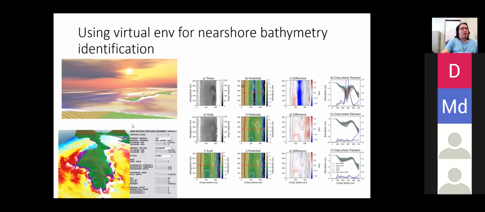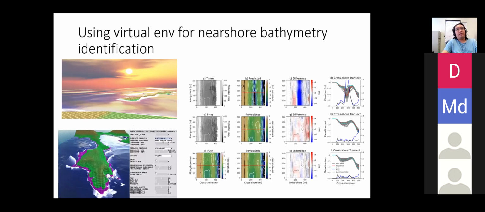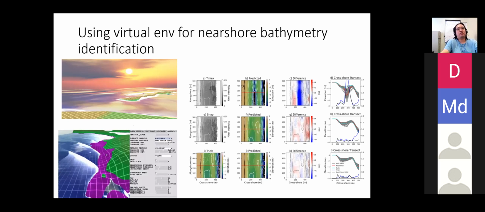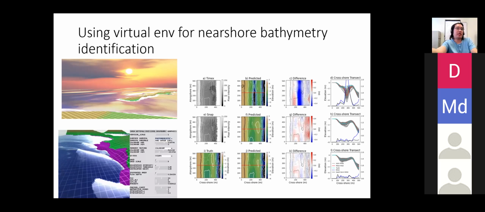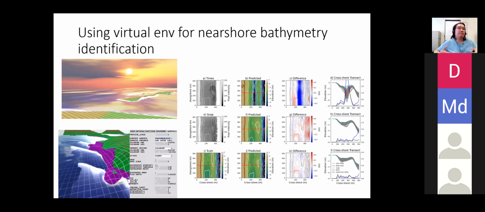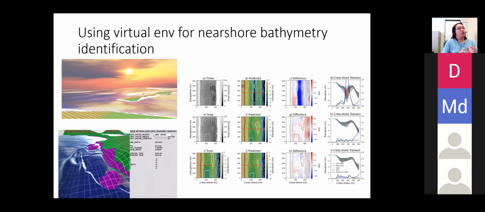Usually supervised machine learning requires input and output pairs. So we need an image from the drone and also the bathymetric result to have this inverse relationship, inverse map, or inverse modeling. But usually we have a lot of input data, a lot of image data, but we don't know the underlying bathymetry.